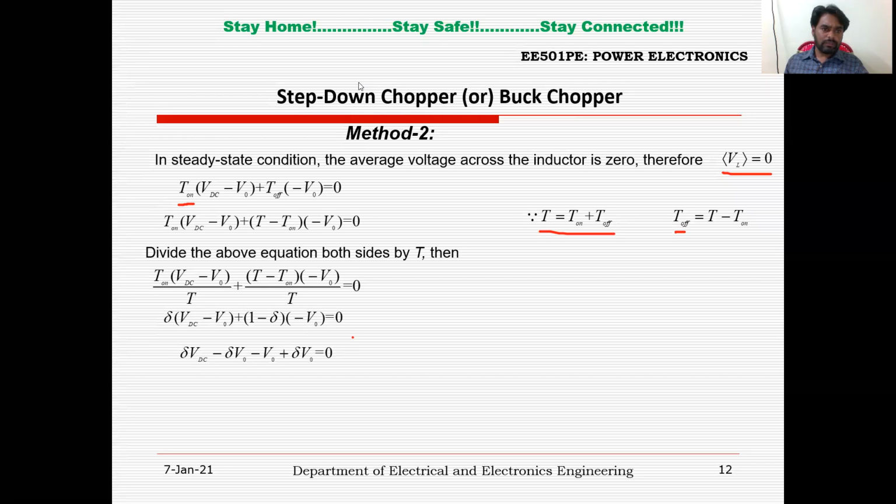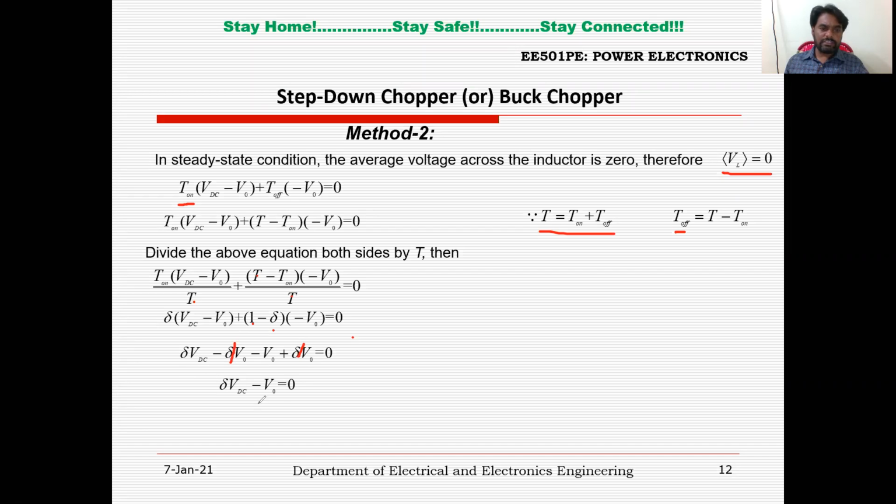We know that T on by T is the duty ratio, the duty cycle. T by T you will get 1. T on by T again is the duty ratio, right? So now you can see this factor will get cancelled. Minus delta V naught plus delta V naught will get cancelled.